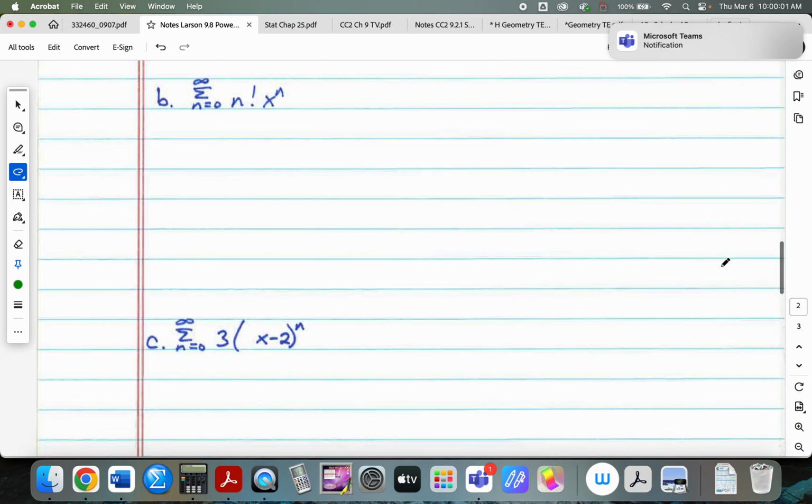All right, let's take a look at this one. Again, we'll use the ratio test. Do the limit as n goes to infinity of the absolute value of n plus 1 factorial x to the n plus 1 over n factorial times x to the nth, which will be the limit as n goes to infinity of the absolute value of n plus 1 times x.